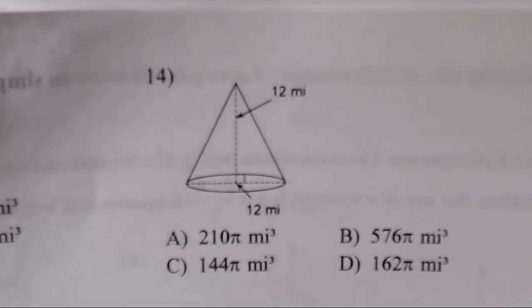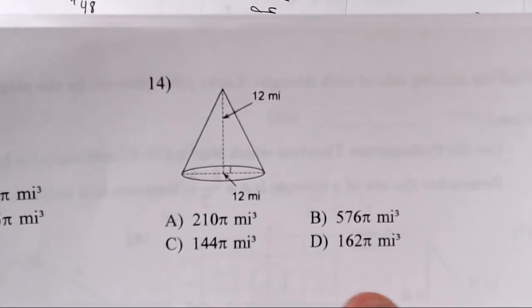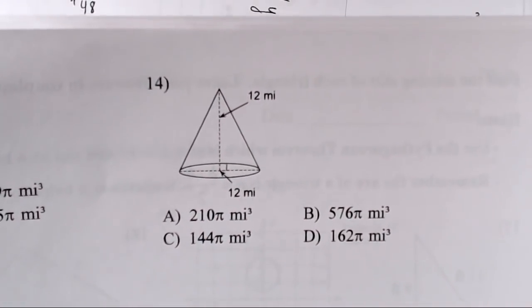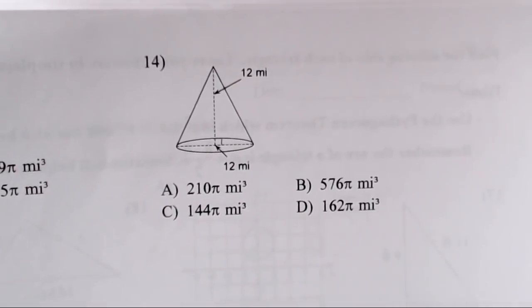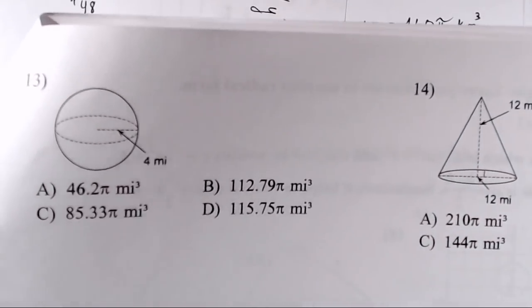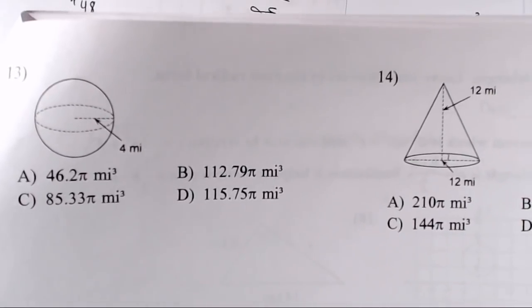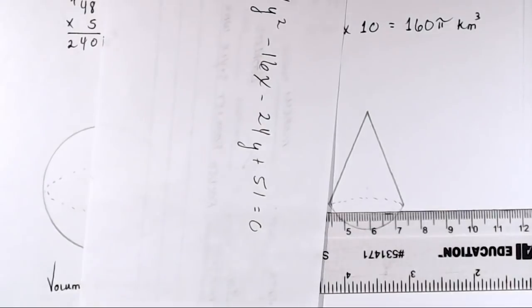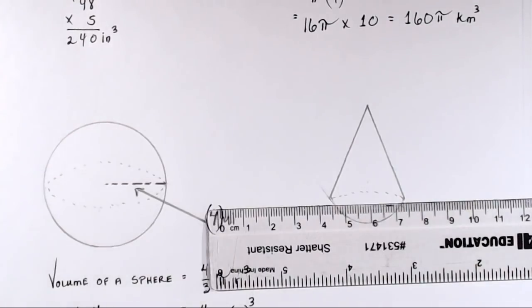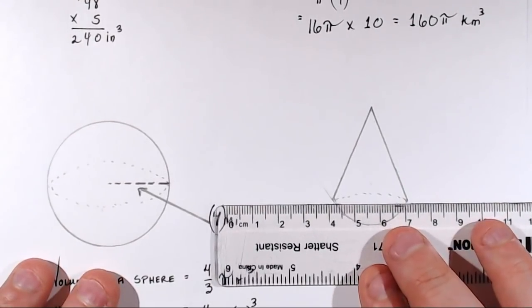Is that 12 on the bottom the radius of that circle or the diameter of that circle? I guess it's the diameter because everywhere else, when they indicate a radius, it's only dotted halfway across. But that could have been made more clear. So we'll go with this.